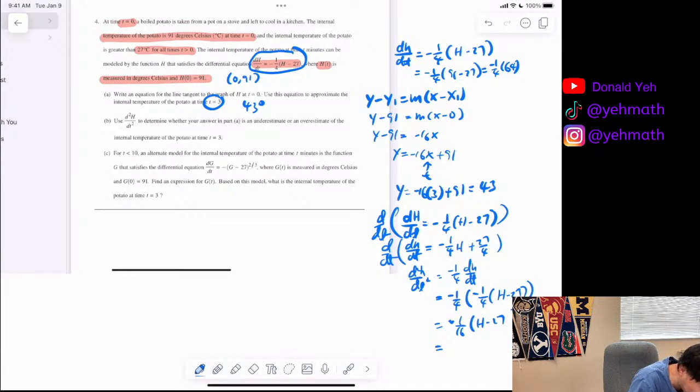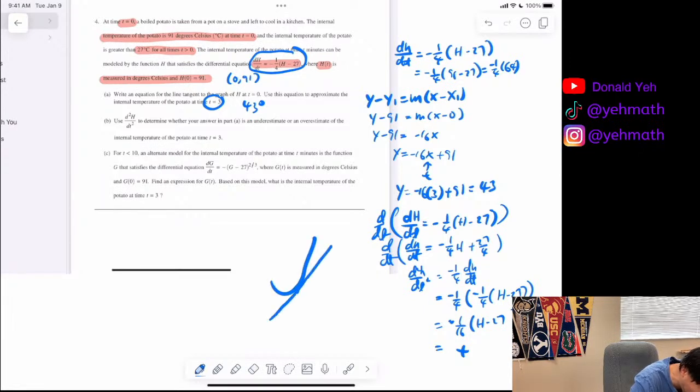At t equal to 3, my estimation is going to be 91, so 43, right? But anyway, the result is going to be positive. Positive means what? Concave up. So something concave up.